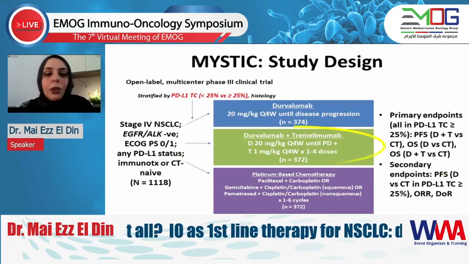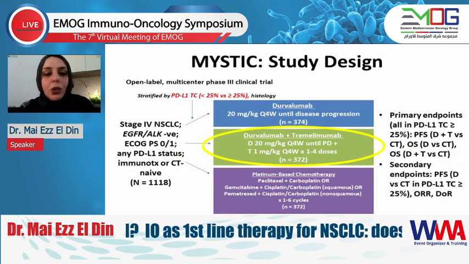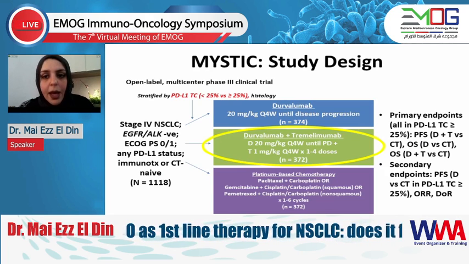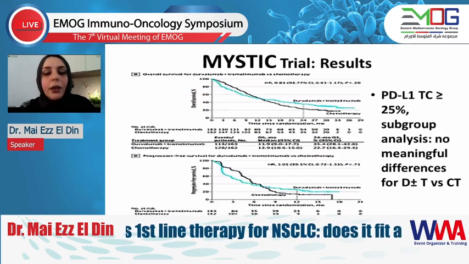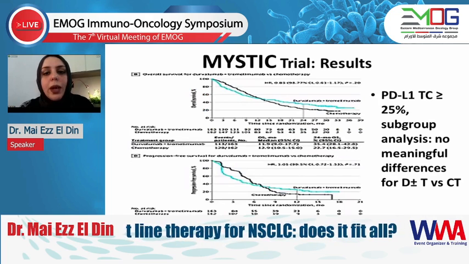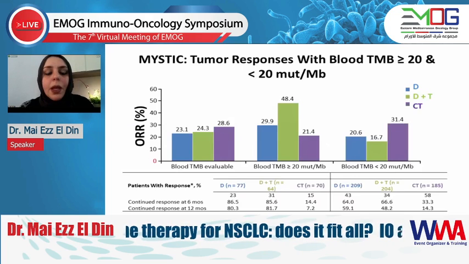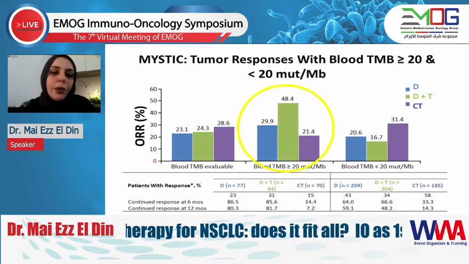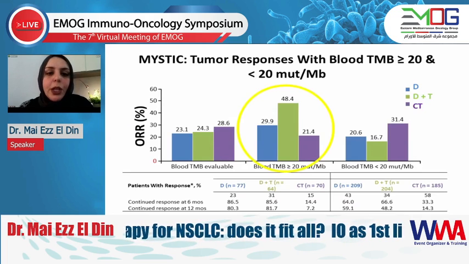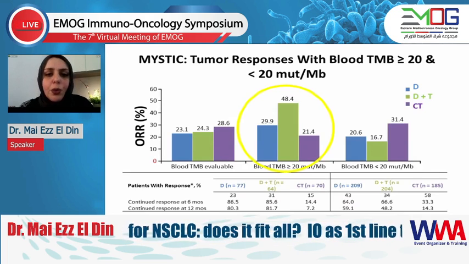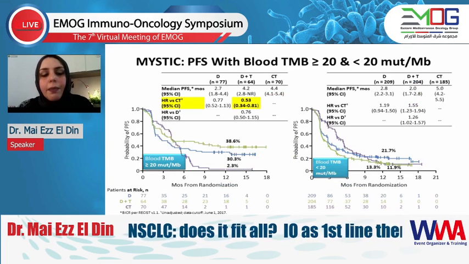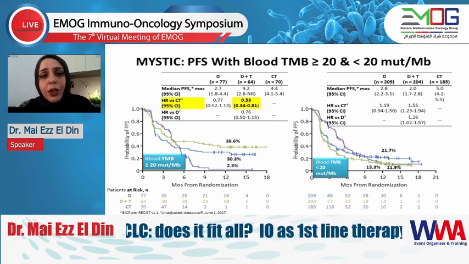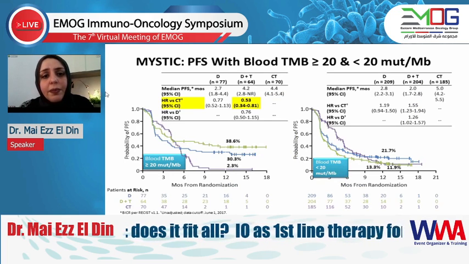Now, coming to the MYSTIC study, this is another duet, durvalumab and tremelimumab. And unfortunately, again, no signal here for the duet versus chemotherapy. They tried to reason again with the point I made earlier about tumor mutational burden. There seemed to be a higher response rate here. It was found in progression-free survival, yes, here.